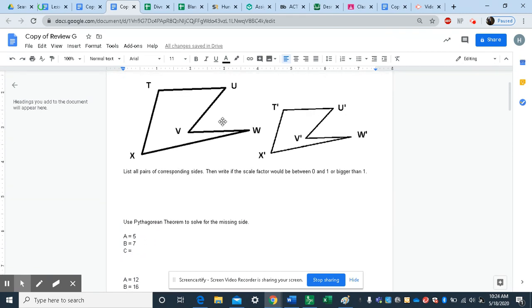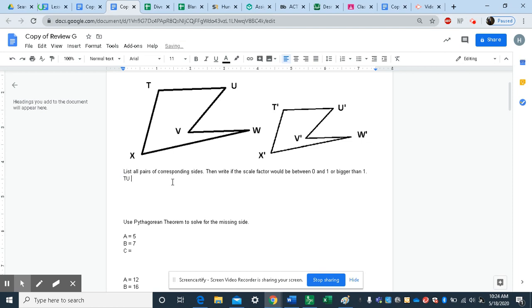For this next part, list all pairs of corresponding sides. Then write if the scale factor would be between 0 and 1 or bigger than 1. We're not going to do all the sides, just start so we know we're going in the right direction. Let's start with TU, because that's the top.